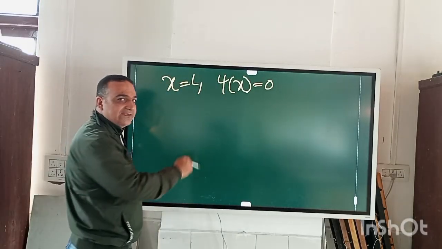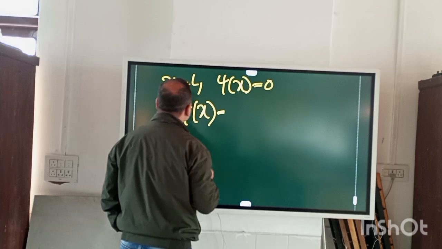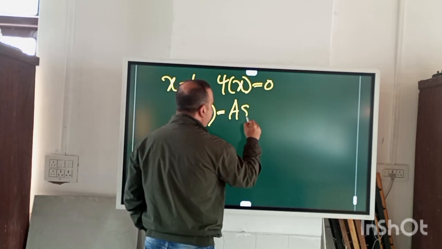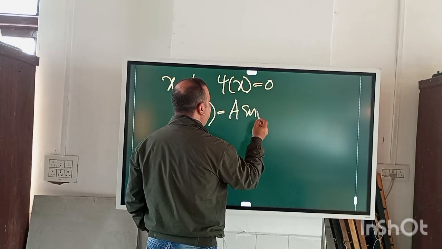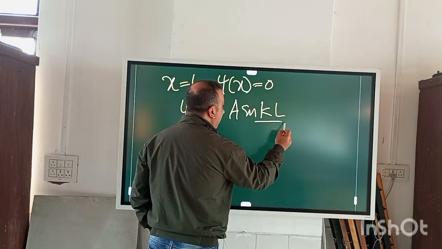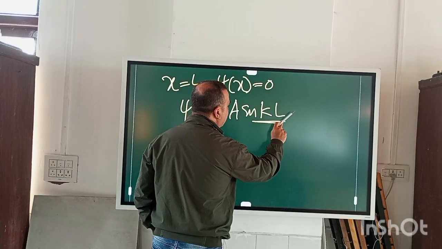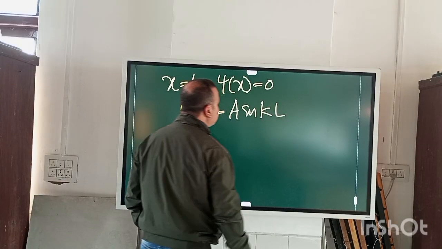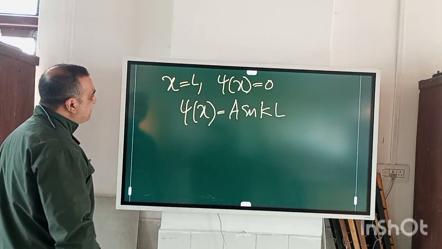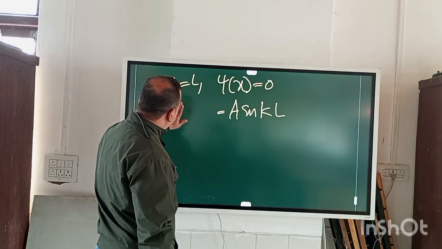So in this case, what I'll have is psi of x is a sine of k, for x I'll be using L. But psi of x has to be 0.